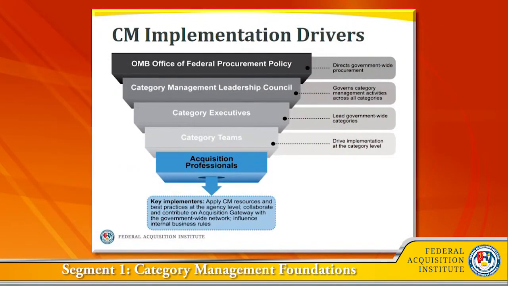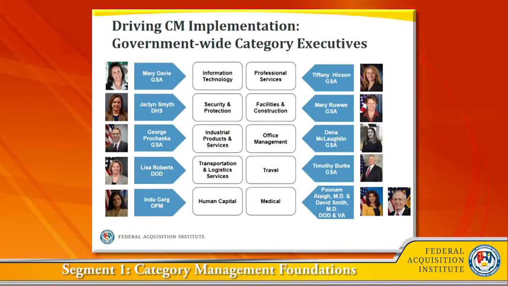Beneath them on the pyramid, the Category Management Leadership Council, or CMLC, serves as the governing body for all category management activities. The council is made up of representatives from the largest buying agencies, plus reps from other key organizations. Key leaders across government serve as category executives responsible for leading initiatives within their respective categories.